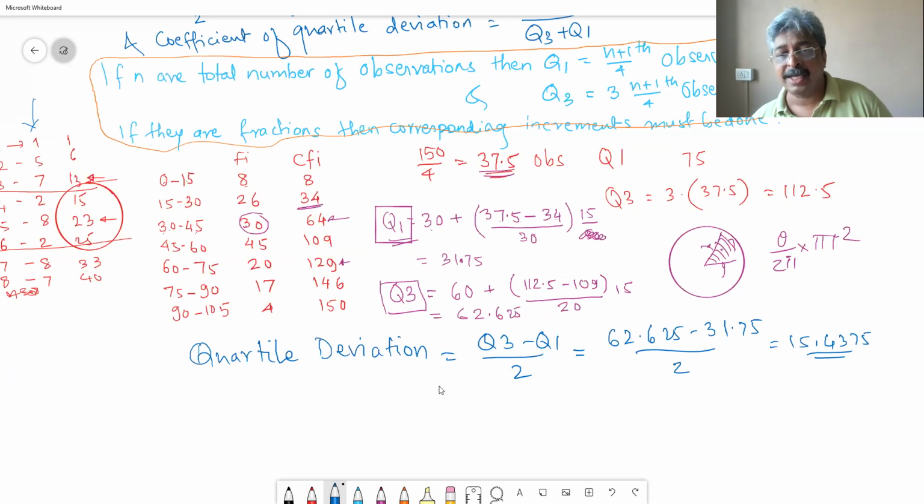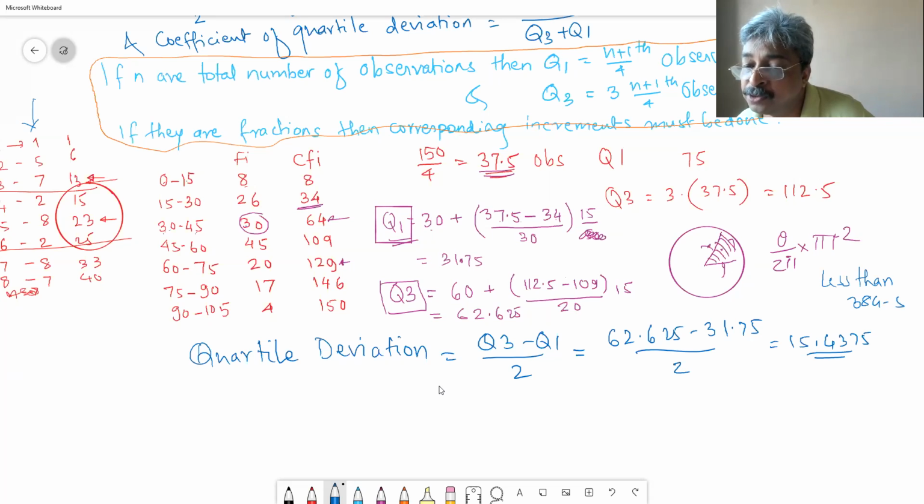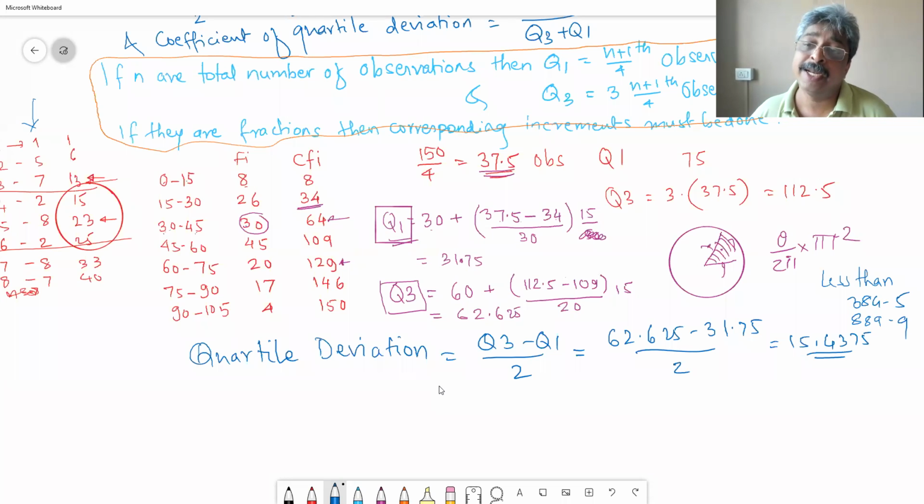Like in our result, I said less than 384, 5 students; less than 889, 9 students. So I am grouping them. If I look at the entire merit list, it is ungrouped, raw data, organized in ascending order.